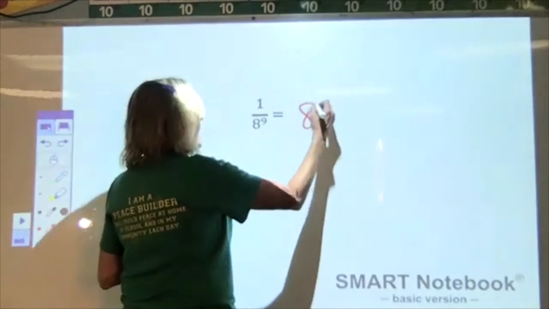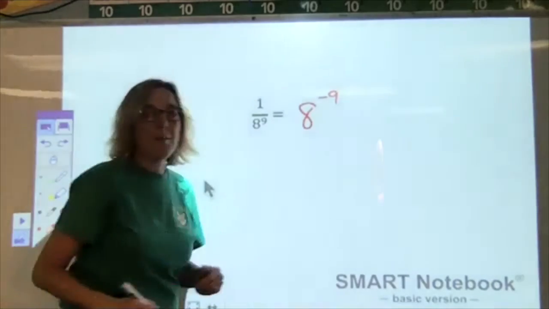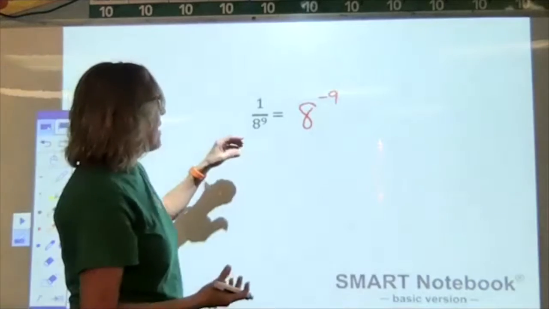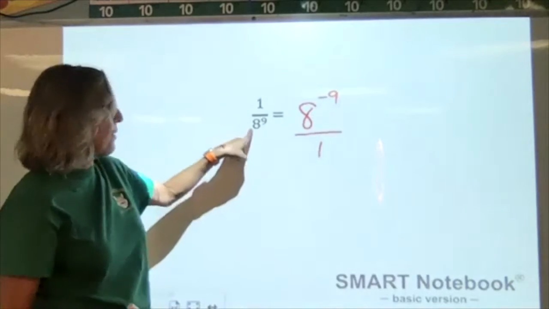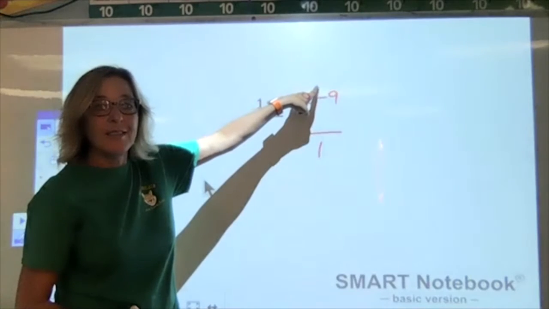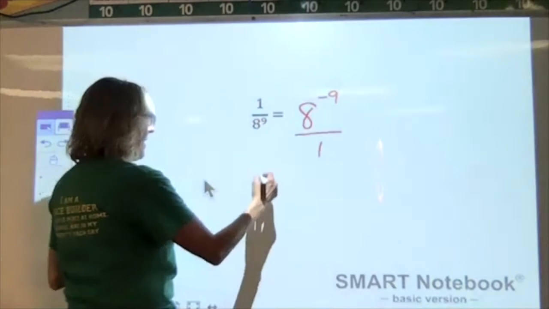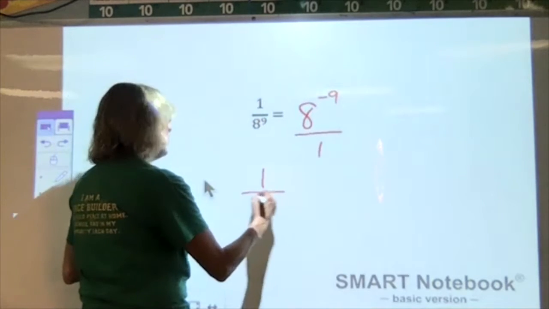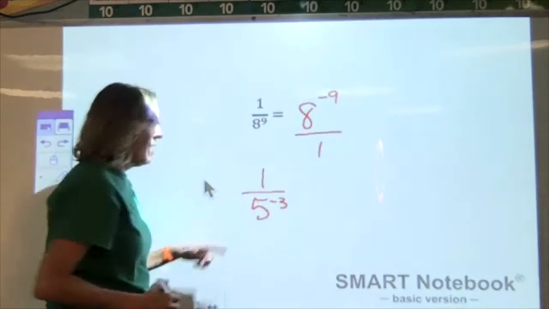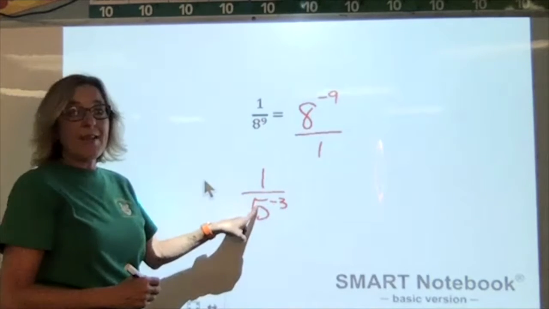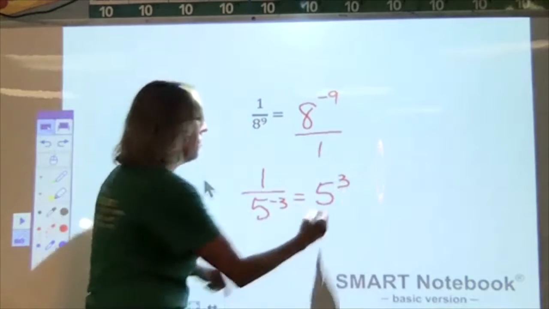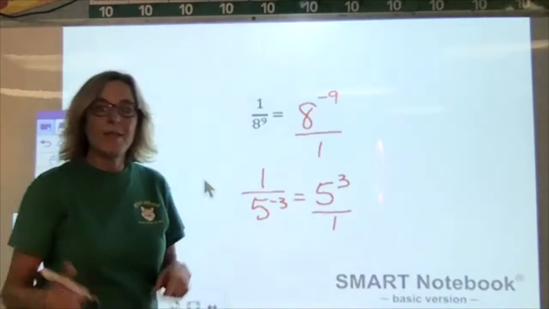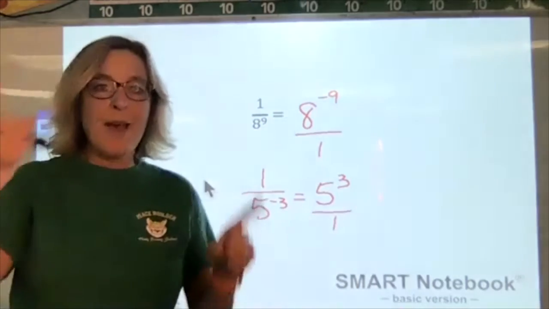Well, we could write that as a negative exponent, right? Because following that pattern, this would be kind of like this. Do you see that it's positive here and negative here? Just like when we did that previous problem or something like this, let's say. What if we had a negative exponent here? Then it becomes a positive exponent if it's over 1. Do you see how that patterning works?